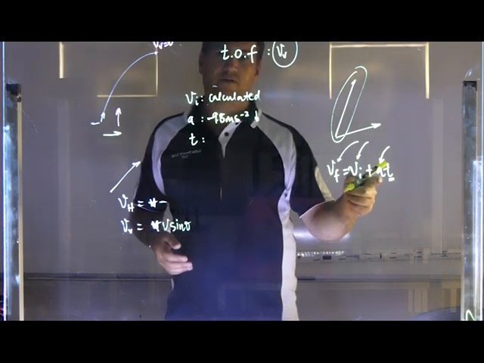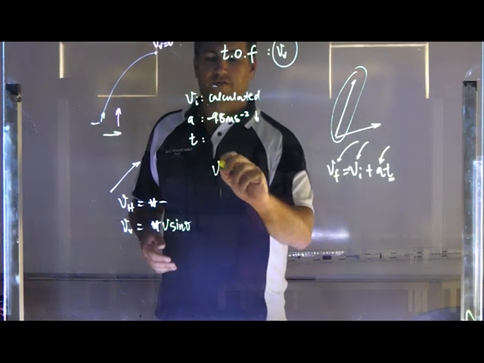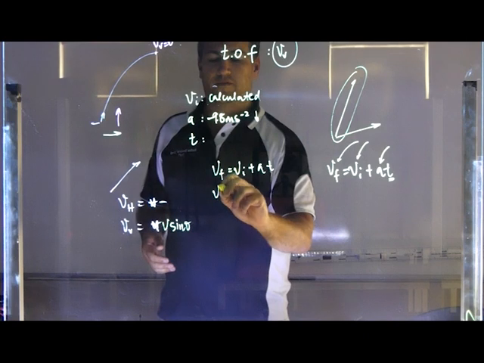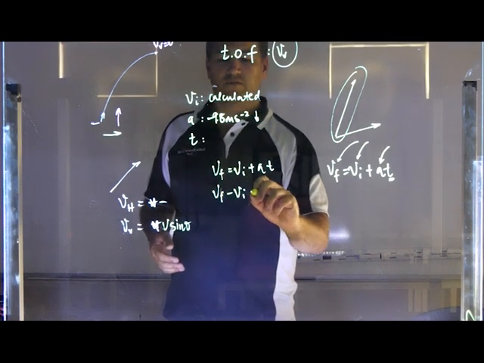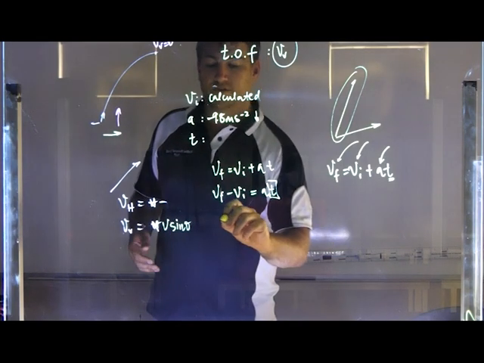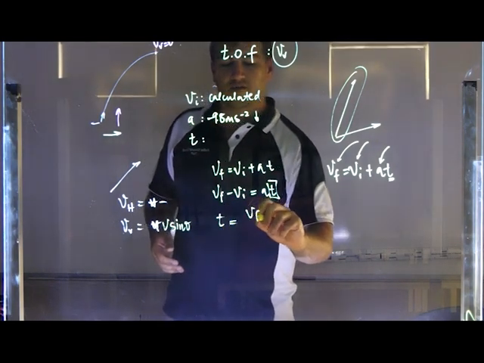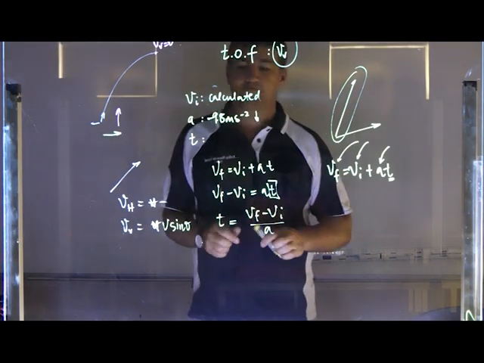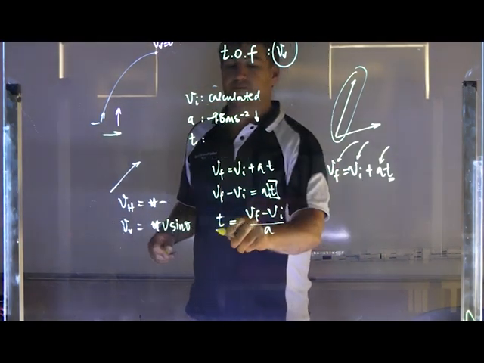Then we're going to divide both sides by the a to get rid of that. So v final equals v initial plus at becomes v final take v initial equals at, and then we're going to divide both sides to get t going on its own. t equals v final take v initial divided by the acceleration due to gravity. All right, so now we've got time of flight.